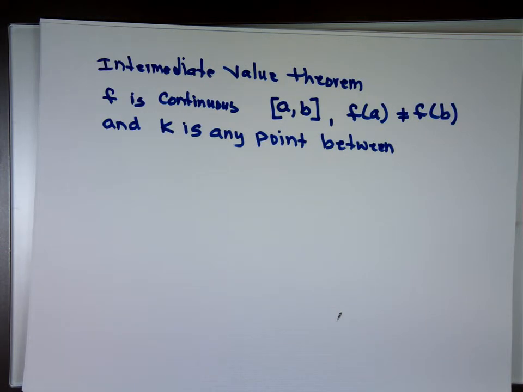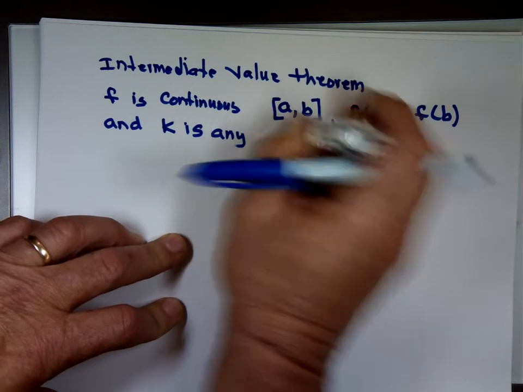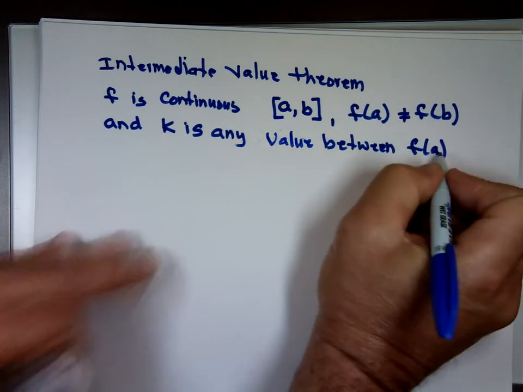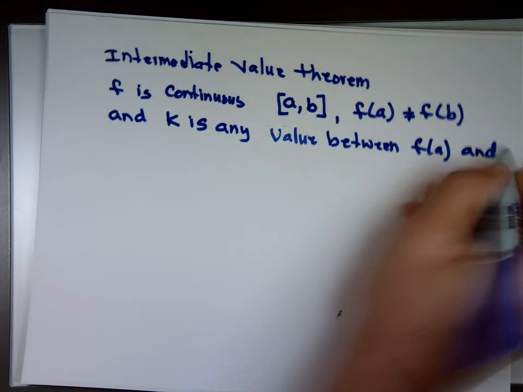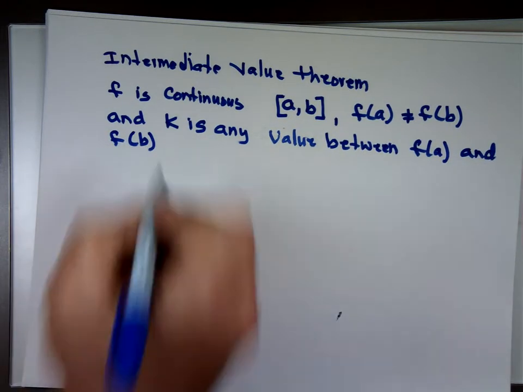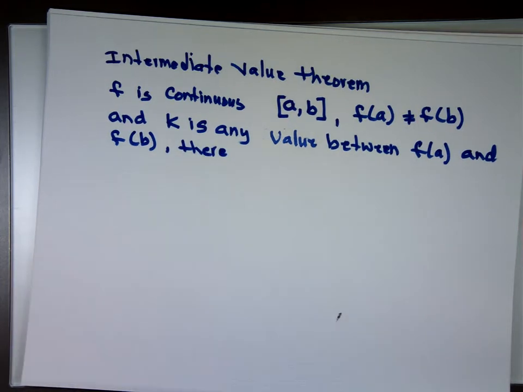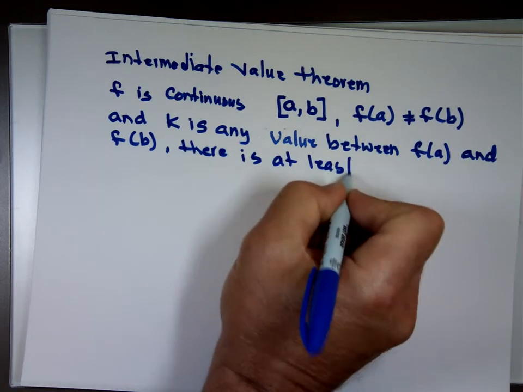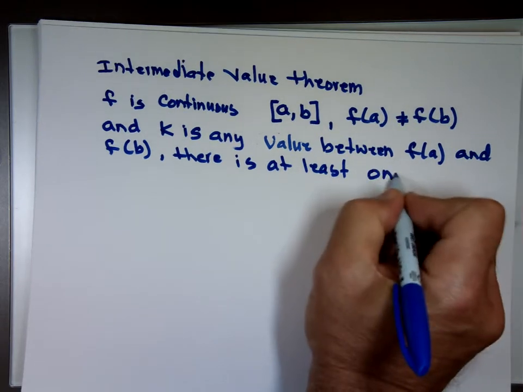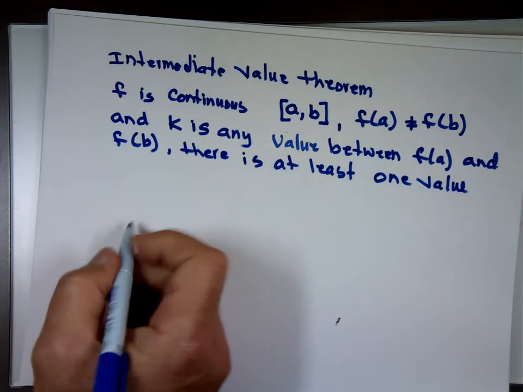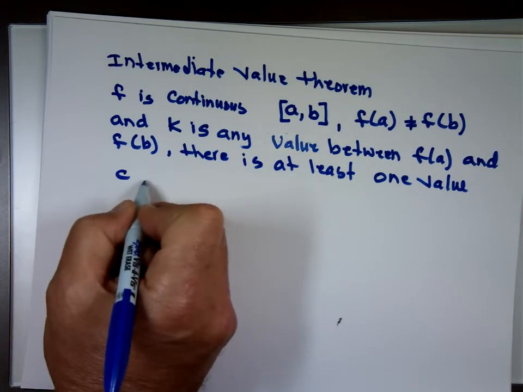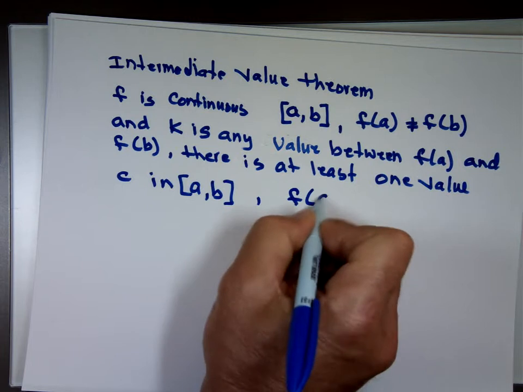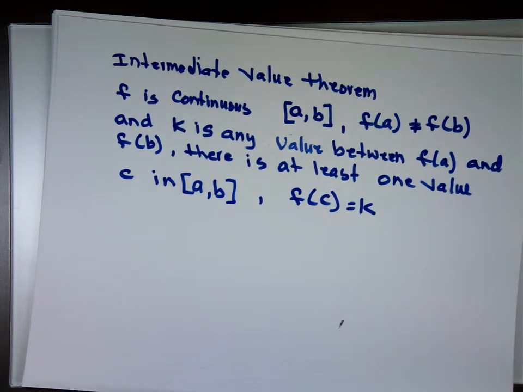K is any value, because it's a y value between f of a and f of b, then there has to be at least, could be more than one, value or one number between, we'll call it C, in the range between a and b, somewhere between a and b, where f of C equals K. It has to be.